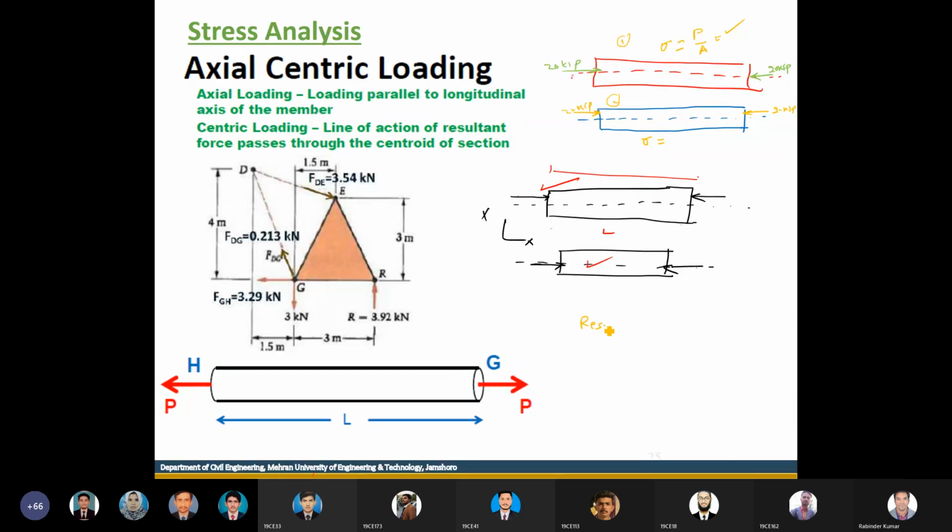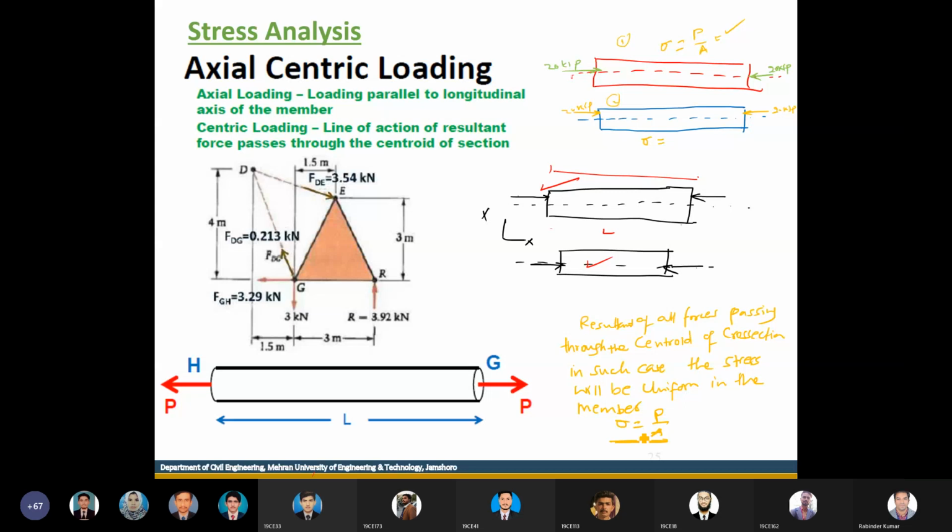When the resultant of all forces passes through the centroid of the cross section, the stresses will be uniform in the member, and we know how to calculate uniform stresses, that is P by A.